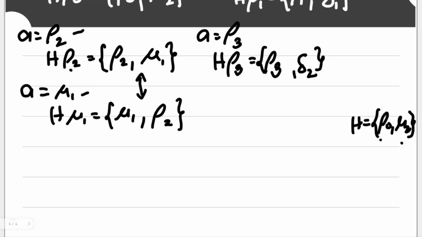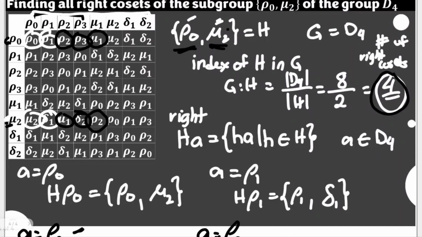This means that they are just the same. The right coset that is generated using rho sub 2 and mu sub 1 are just identically the same. This means they are only counted once. This is why we do not count 5, but we still stay at 4. Okay? That is the index of h and g indicated earlier, only 4.